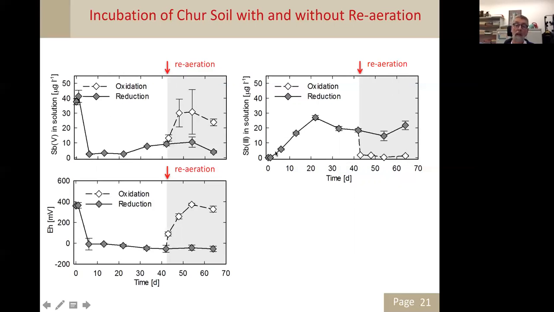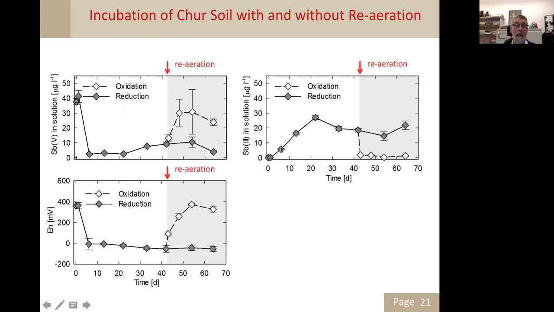We don't see that. But the antimony 3 still increases more slowly and then has a tendency slightly to drop or remain stable. And as soon as it's re-aerated, it drops again in opposition to the Sb5. So there we see that the Sb3 is oxygenated, is oxidized, and reappears.